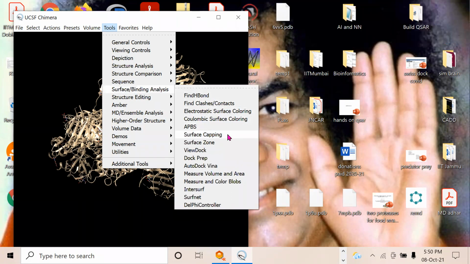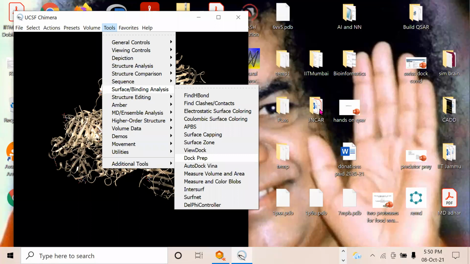You can then go to Dock Prep. It prepares the protein for docking. If the protein is big, it will take one single unit, it will remove solvent, and it will add hydrogen, all those things.